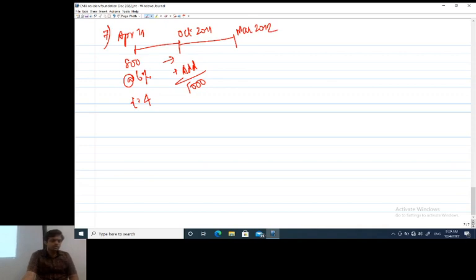Right? A 6 months time deposit for rupees 1000, earning 6% compounded monthly. So 6% compounded monthly means T equals 12. They are asking you what is the closing amount.